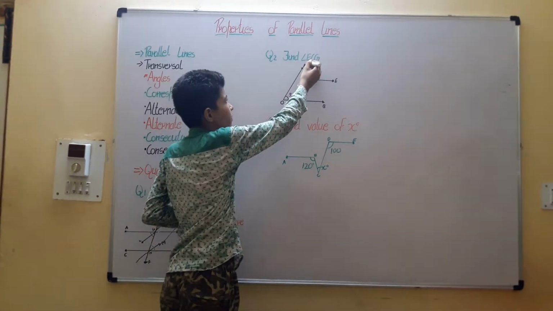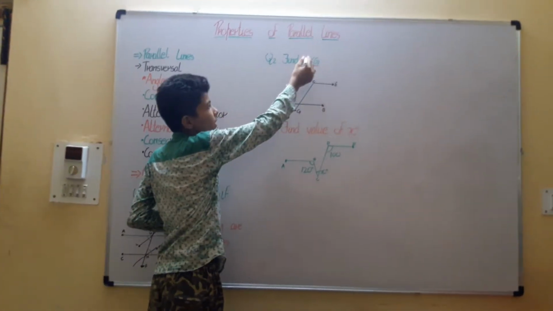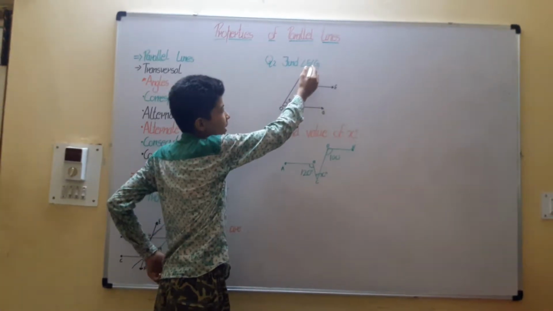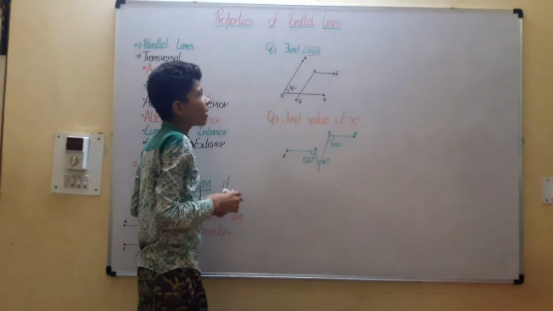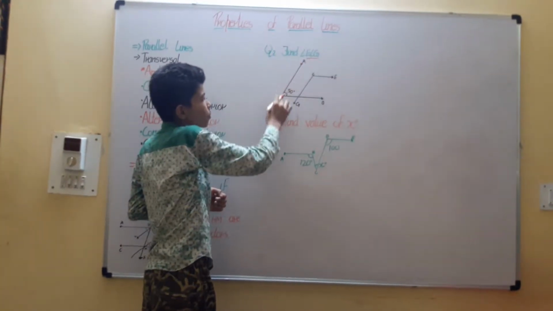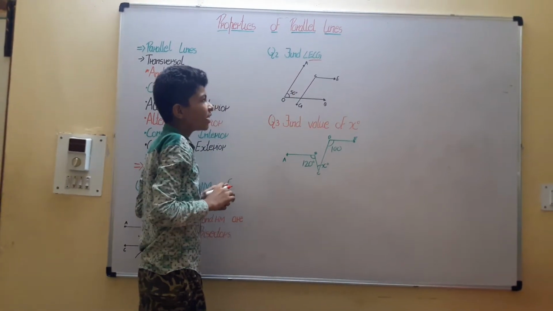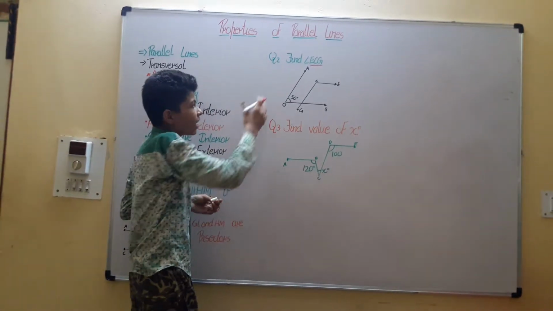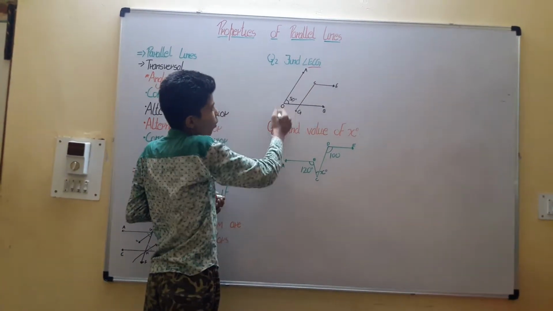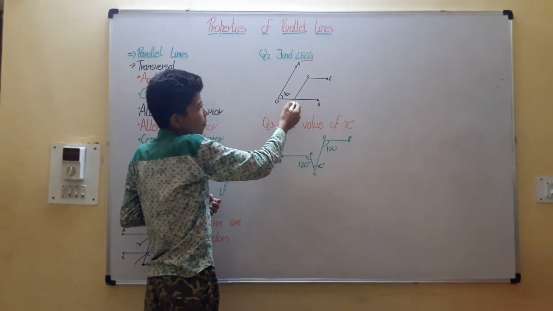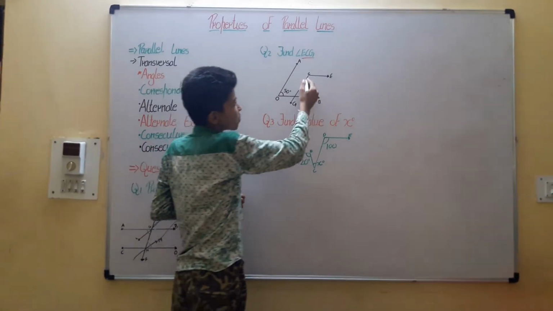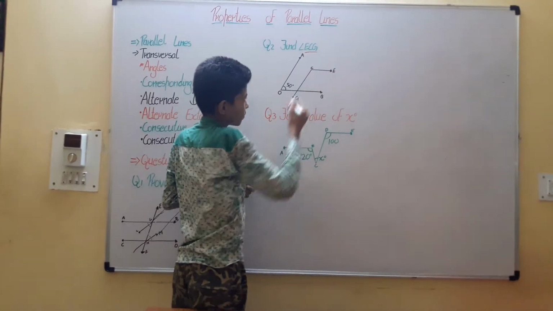Find the angle ECG. We are given a figure in which angle AOB is equal to 50 degrees and line AO is parallel to CG and OB is parallel to CE.